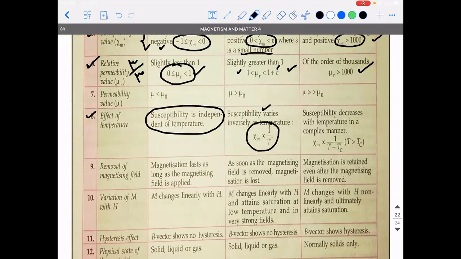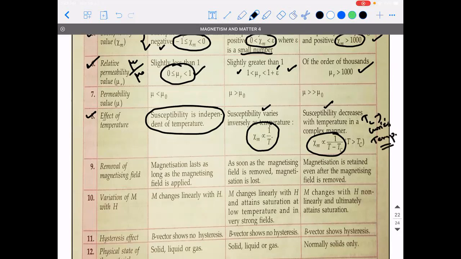Whereas when you talk about a ferromagnetic substance, susceptibility decreases with temperature in this manner. Susceptibility is inversely proportional to T minus Tc, where Tc stands for Curie's temperature.